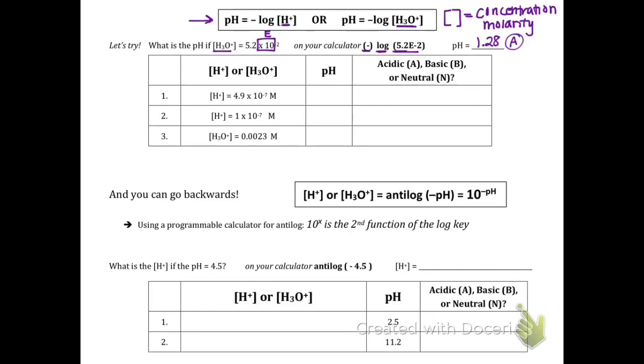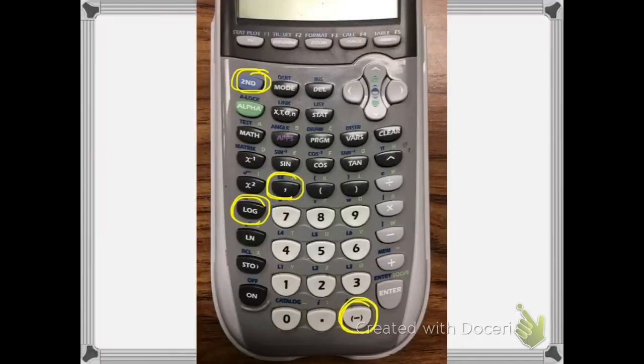I'm going to do one more example here. So here is our hydrogen concentration. It wants to know pH because H's go with H's, and then it's asking if it's acidic, basic, or neutral. So I have this concentration here, so you're going to do negative log.